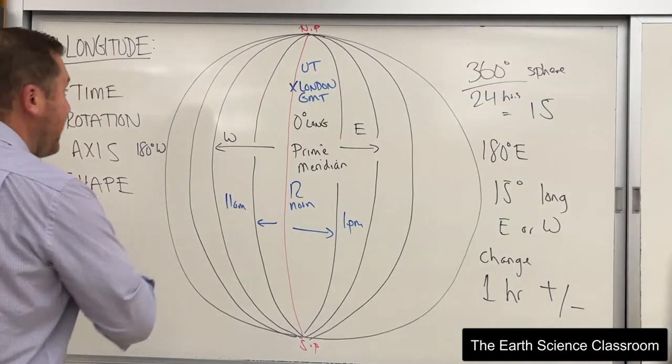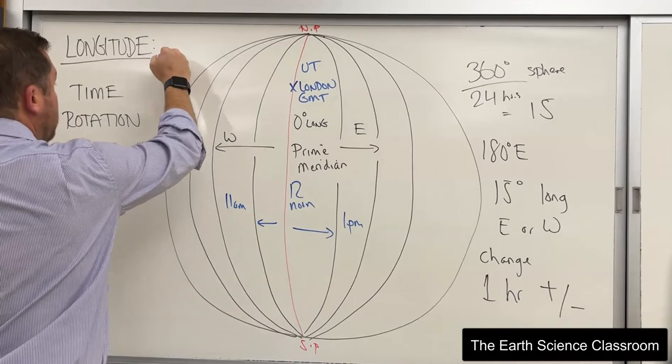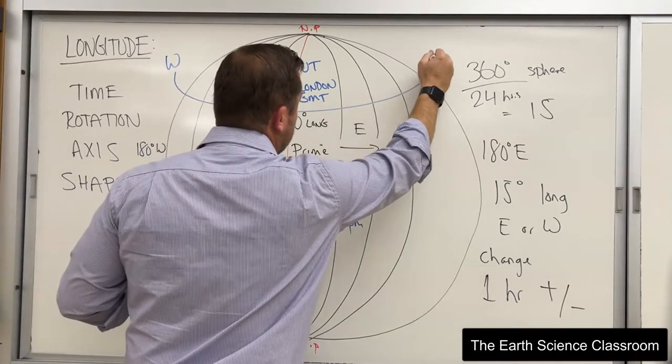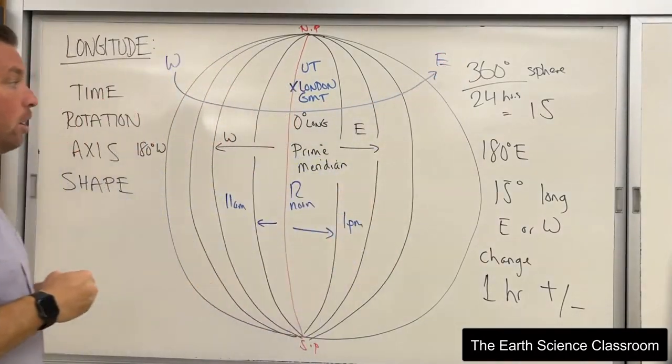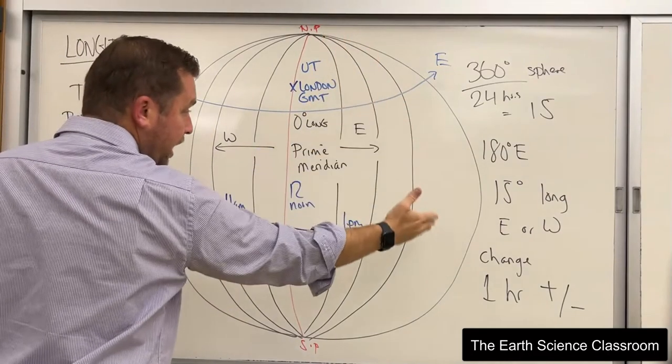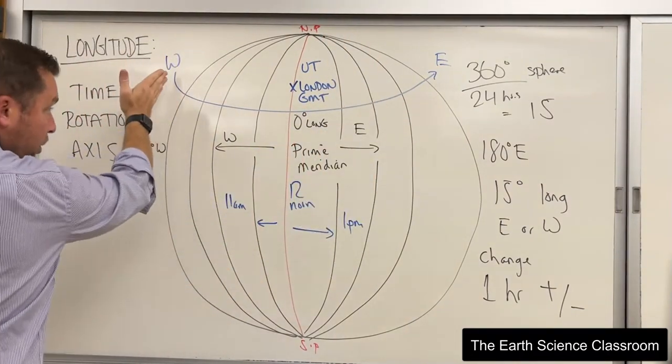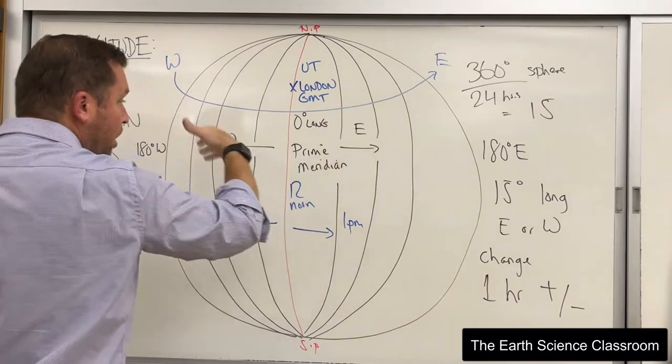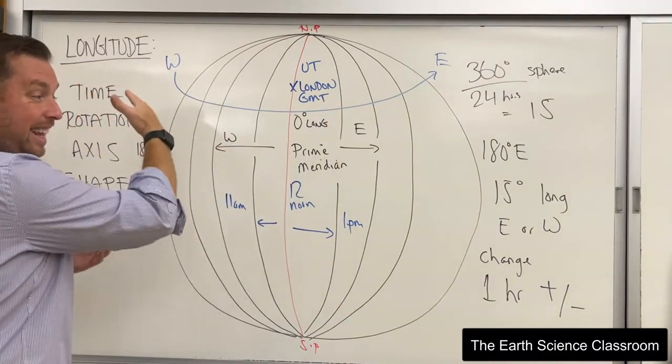The Earth spins from west to east. So the east is the first to get the sunrise, and the west is going to spin around towards the sun, and it will get its sunrise later on.